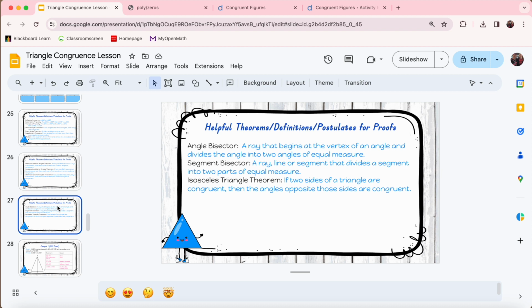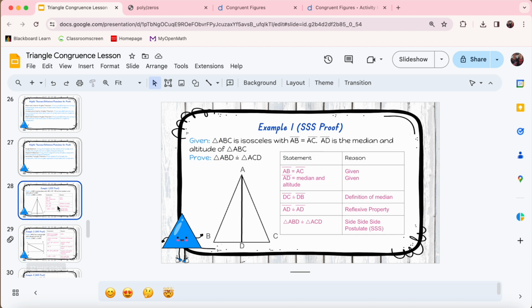And of course, these aren't the only ones that we might see, but these are some that I felt continually come up as I was looking through different proofs, as I was working through the assignment that you had us do this week. So then I go through a proof of each one of the 5 postulates with an example. You'll notice in these examples, nothing is marked on the diagram.